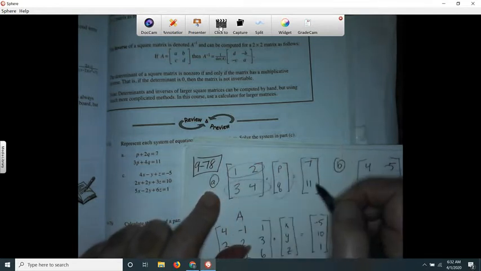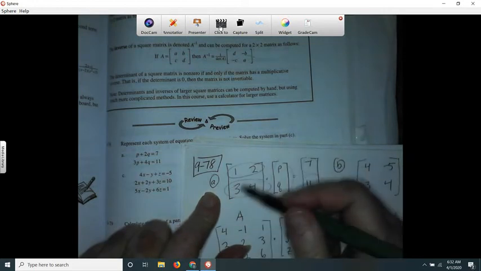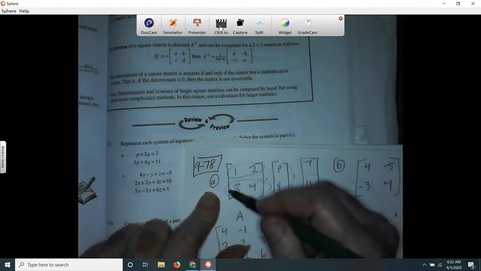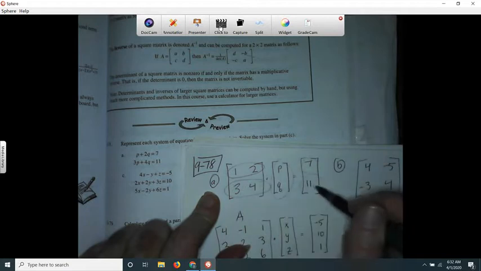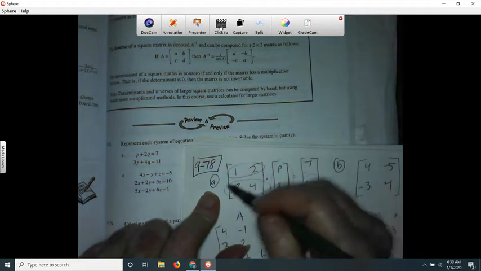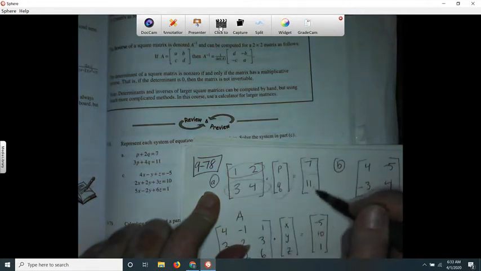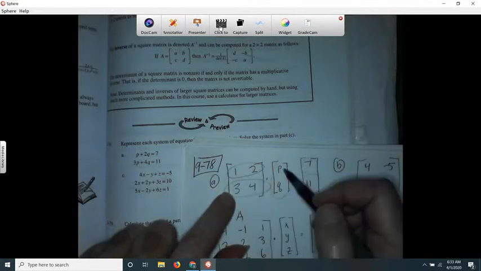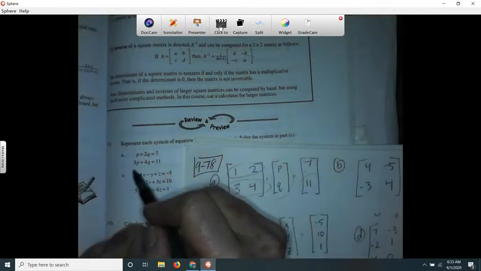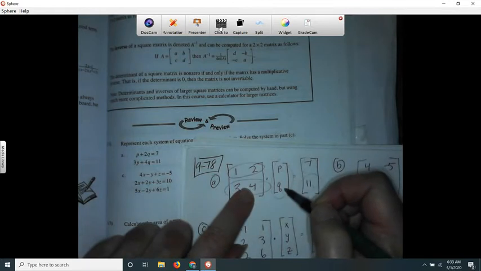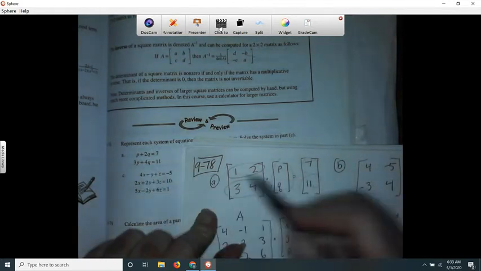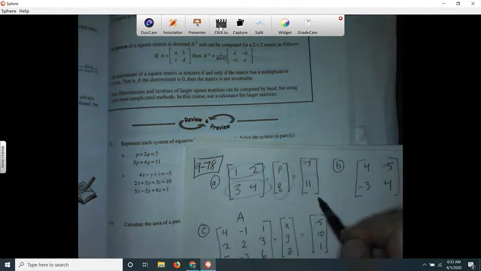Now this is row 2, column 1. There's only one column. When I multiply this times this, I should get this. And watch, 3 times P is 3P, and 4 times Q is 4Q, equals 11. So that's how that works.